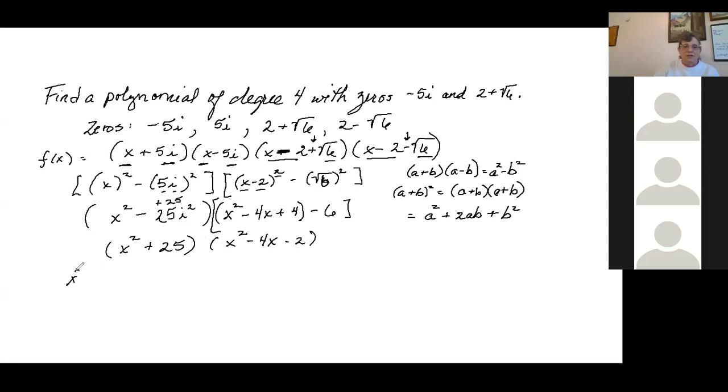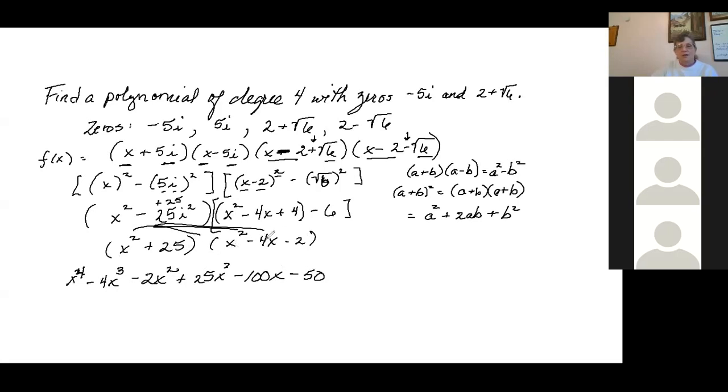So that should give me x to the 4th minus 4x cubed minus 2x squared, here, here, and here. And then 25 times these is 25x squared minus 100x minus 50.